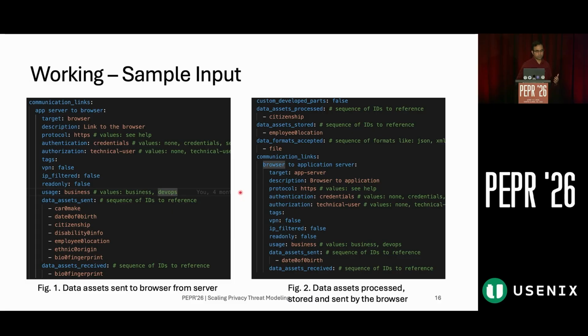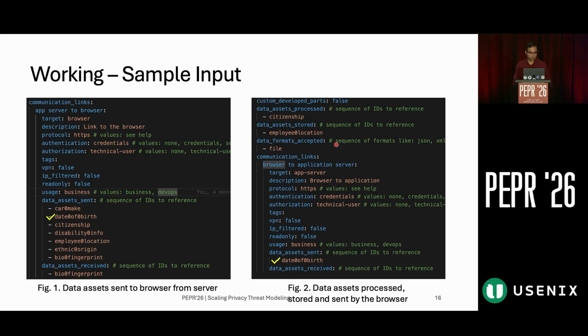So the way this rule would work is that for the browser, it would look at what data assets are coming to the browser, and then look at what data assets are being processed or stored by this particular browser asset. Whatever extra data assets are being received which are not being used, this rule will highlight, saying that there is a privacy threat due to those data assets not being used.